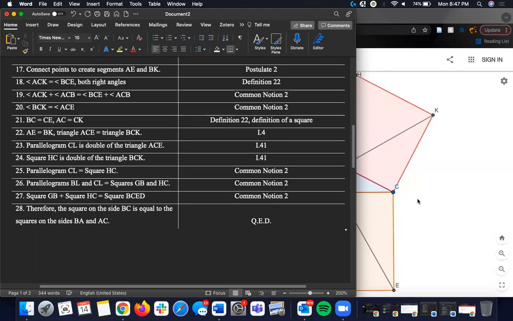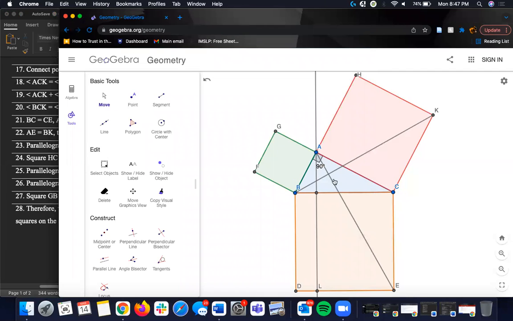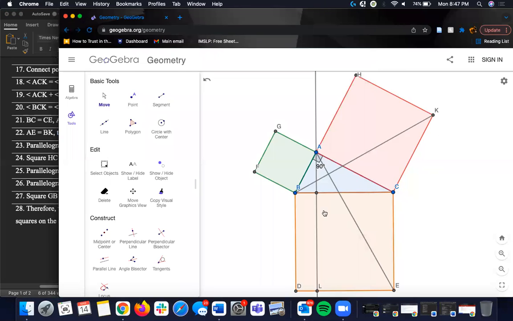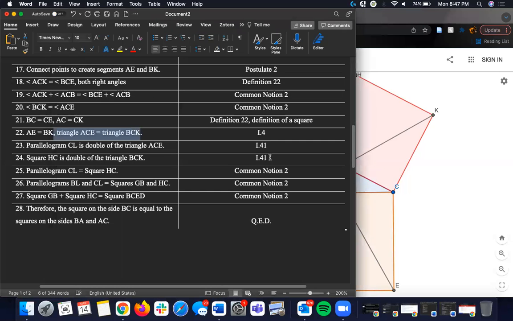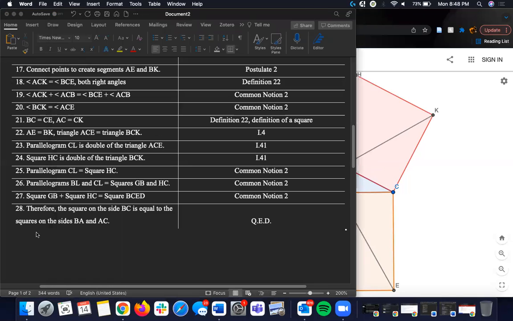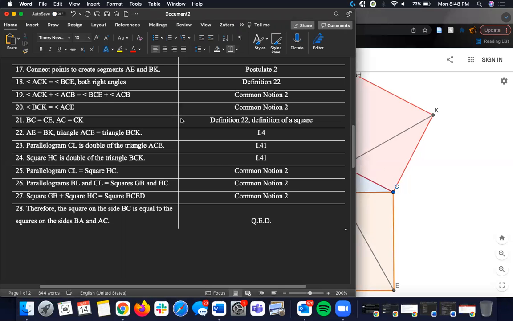Line segment AE is equal to BK, and triangle ACE, as shown, is equal to triangle BCK, according to Proposition 4. Parallelogram CL is double the triangle ACE, as shown, according to Proposition 41. Square HC is double the triangle BCK, according to Proposition 41 as well.